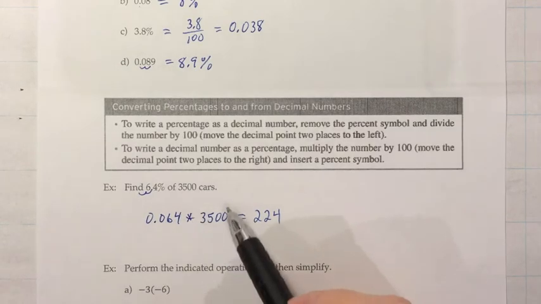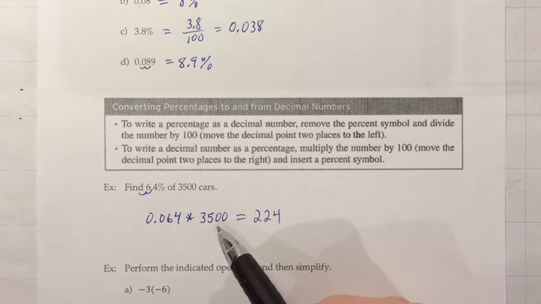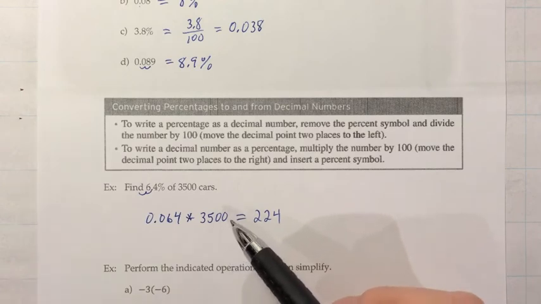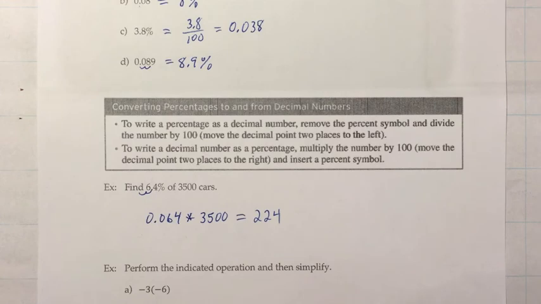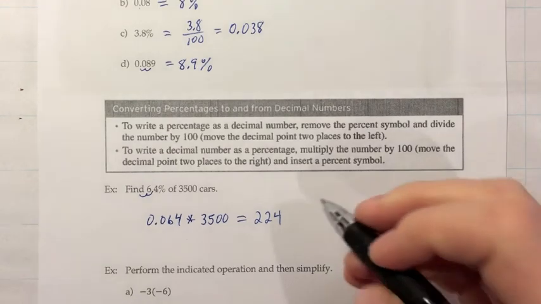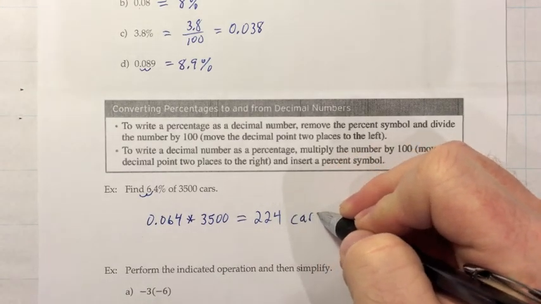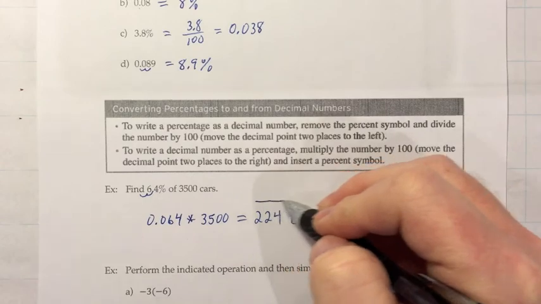You could also use parentheses around the 3,500, but I don't really like to use parentheses when they're not absolutely necessary, because I like to think of why I need those parentheses, which we'll talk about more in the next section. And then we should put units on this too. It's 224 what? It was 224 cars.